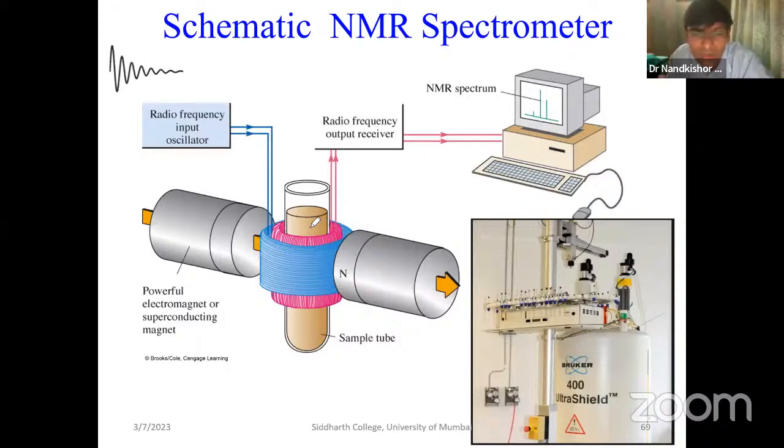Suppose you are focusing on proton. The proton is considered a bar magnet. It produces a magnetic field. When placed in a strong magnet, the degeneracy is lost, and there will be two energy levels, plus half and minus half. And then we place a radio frequency source on the sample. And then what will happen?